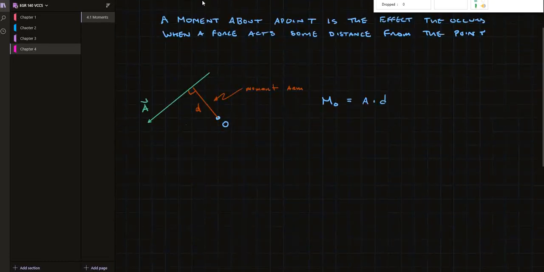So let's say that the magnitude of A equals 10 newtons, and the distance here is equal to 2 meters. Then we can calculate our moment about O as 10 times 2 equals 20 newton meters.